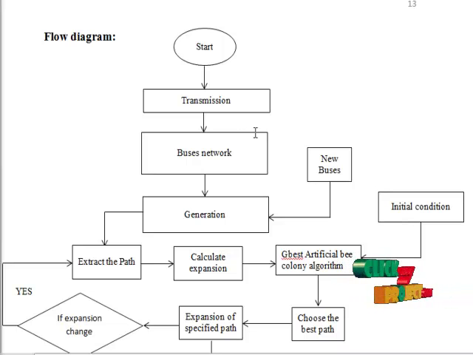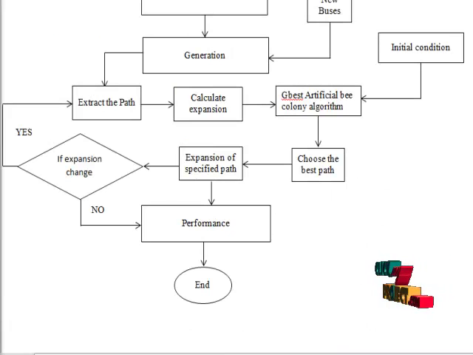At low voltage level, the weight of insulation is less in the alternator, and this directly reduces the cost and size of the alternator. Then the GBEST artificial bee colony algorithm.